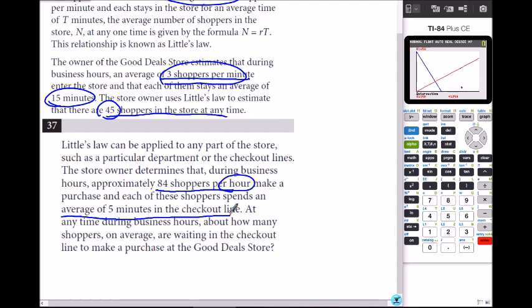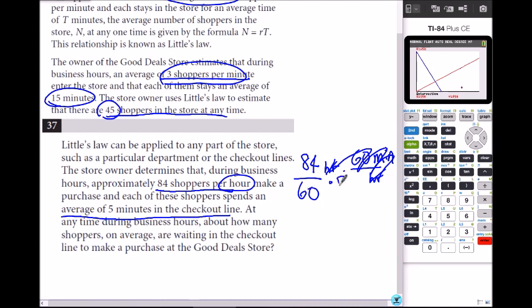First of all, 84 is per hour, so if you want to make it per minute, you divide by 60 minutes. You're not just converting it: 84 per hour means each minute, there are about that many, since there are 60 minutes in an hour. And then you multiply by 5.